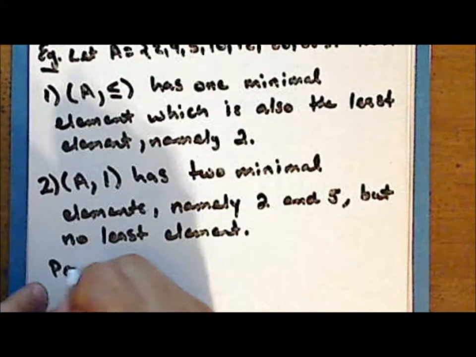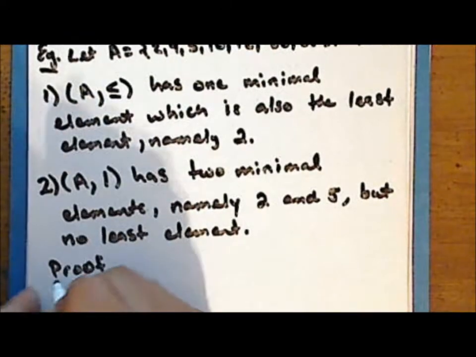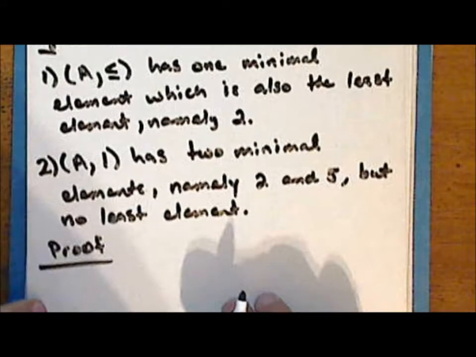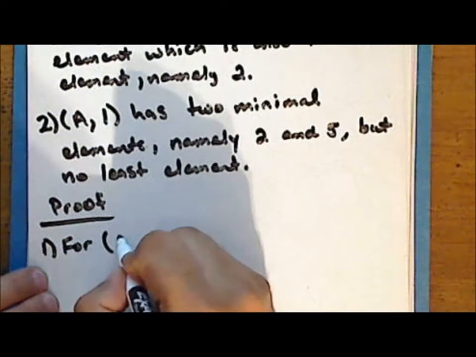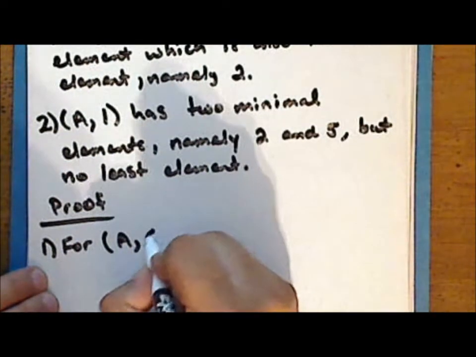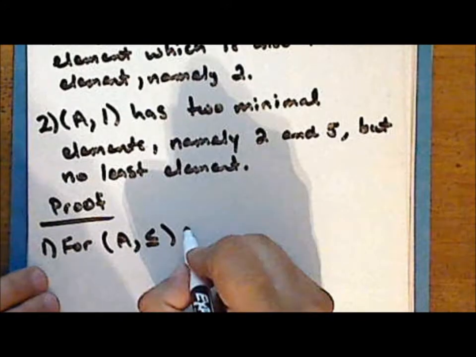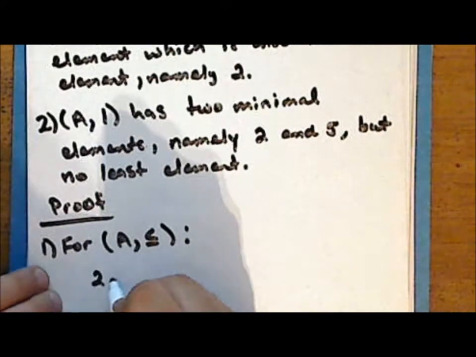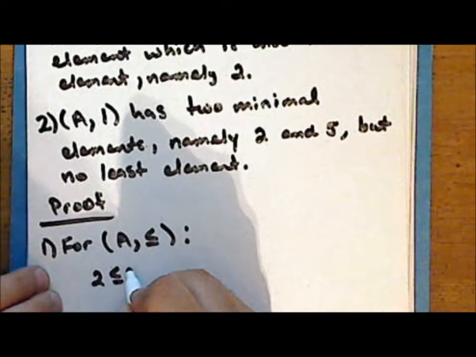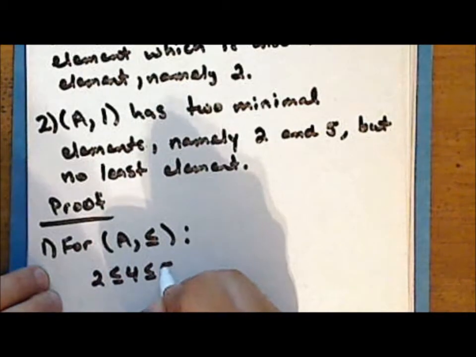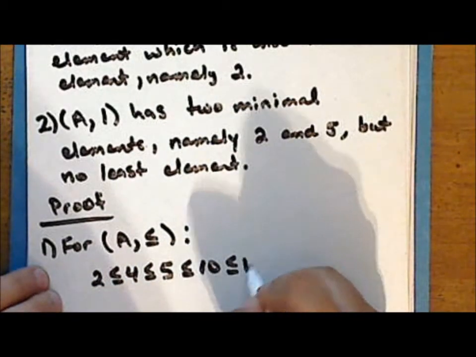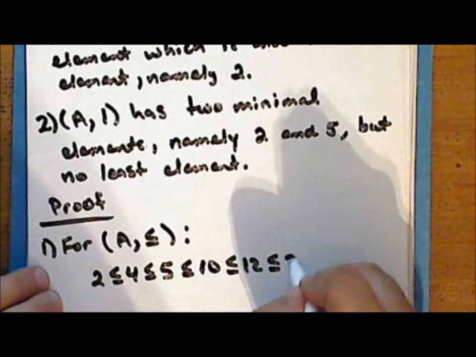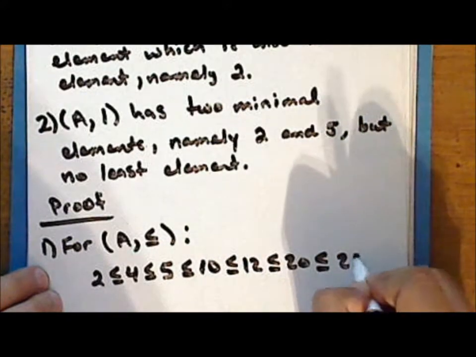So proof. For the poset consisting of set A with the relation less than or equal to, we have that 2 is less than or equal to 4, which is less than or equal to 5, which is less than or equal to 10, which is less than or equal to 12, which is less than or equal to 20, which is less than or equal to 25.